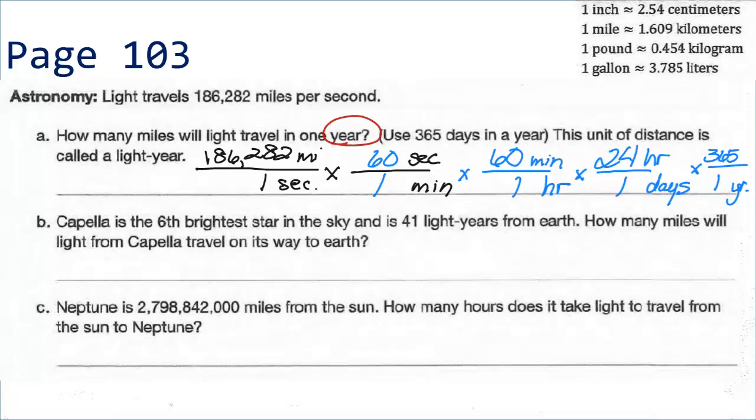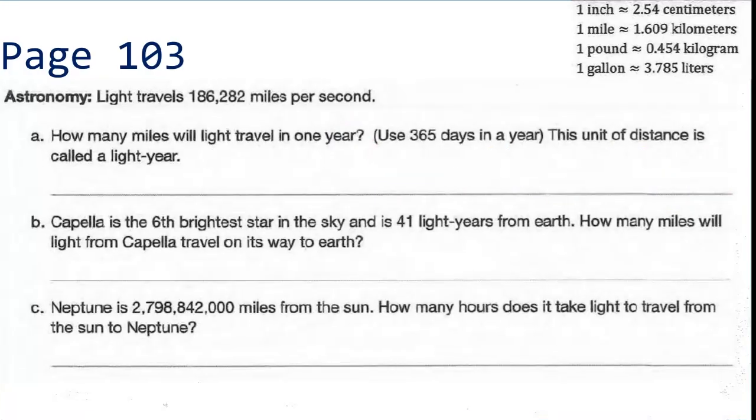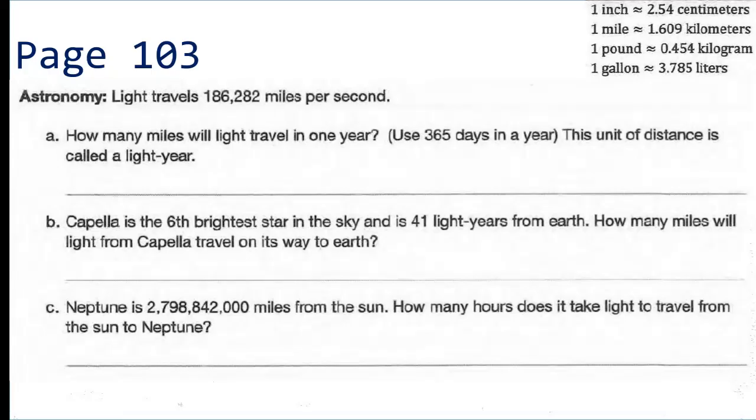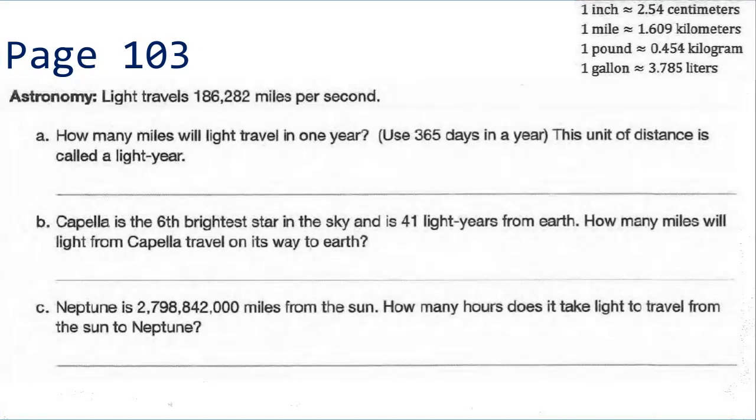So let me get rid of this. This one I almost think is probably the easiest one. If I had to do it over, which I considered, I probably would have done this one first and done them in reverse order. All right, so here we go. Astronomy. Light travels at 186,282 miles per second. Light travels in space very fast.